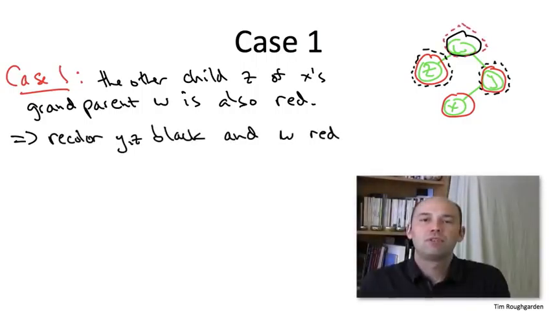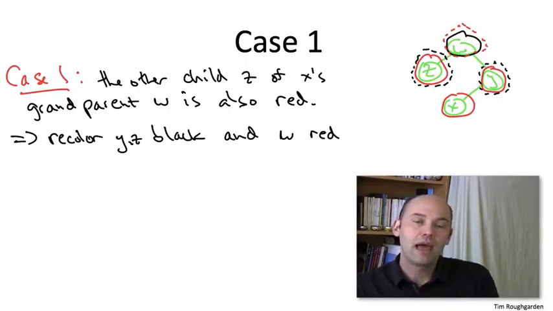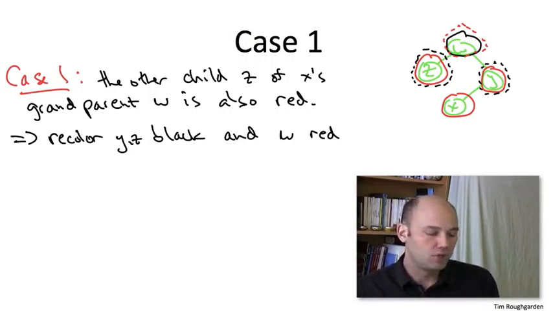The important property of this recoloring is that it does not break the 4th invariant. Remember, the 4th invariant says that no matter which path you take from the root to a null pointer, you see exactly the same number of black nodes. So why is that invariant still true after this recoloring? Well, for any path from the root to a null pointer which doesn't go through the vertex W, it's irrelevant. None of these nodes are on that path, so the number of black nodes is exactly the same.